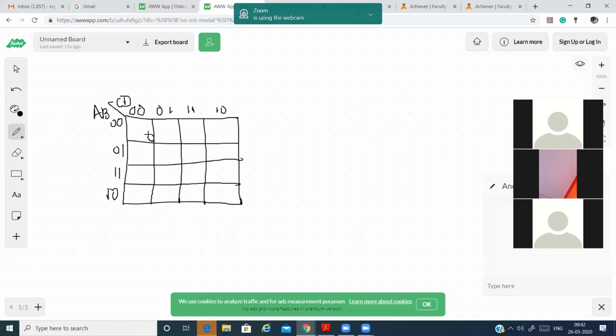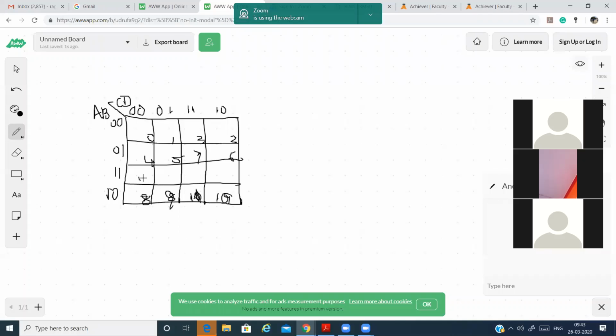Now we start numbering the blocks. 0, 1, 2, 3, 4, 5. You have to jump to this 6, 7, leaving this column, and directly go to 8, 9, 10, 11.